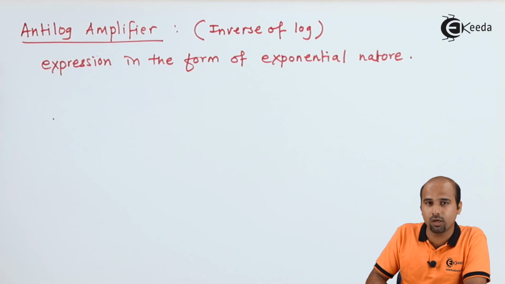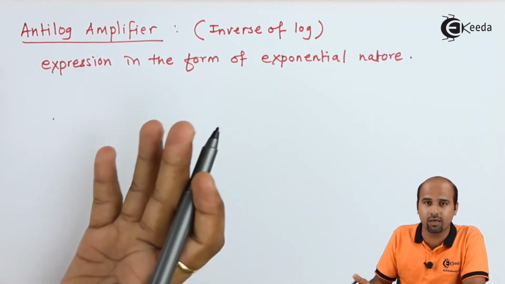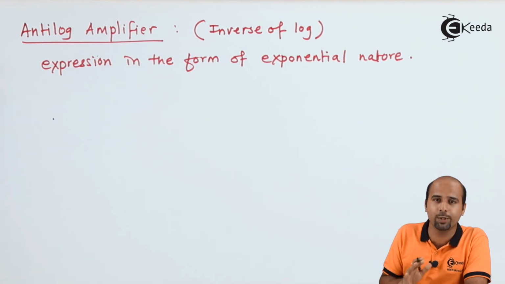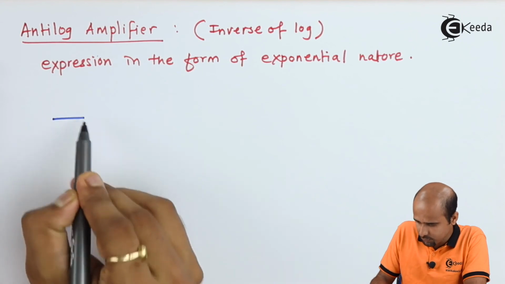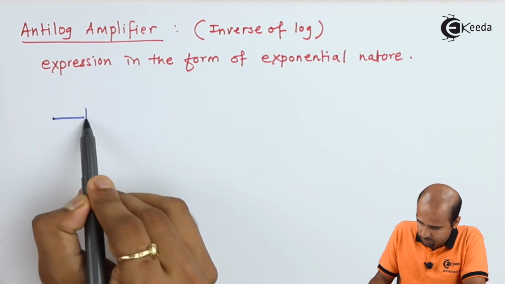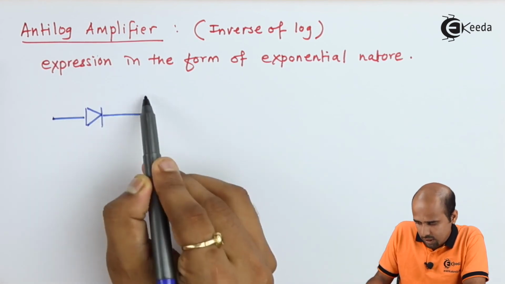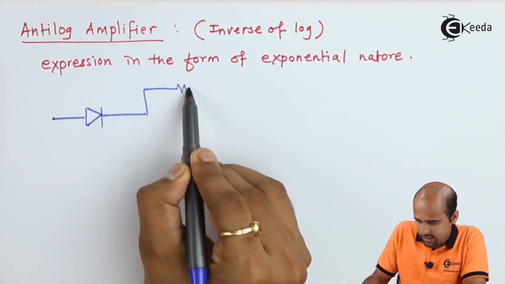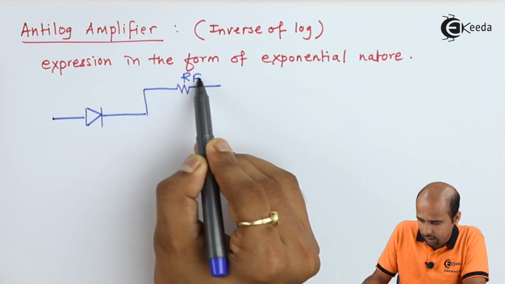Now instead of the feedback transistor or feedback diode, we will apply the diode and transistor at the input only. So here we will apply the diode over here, and here we will apply a simple resistance RF.